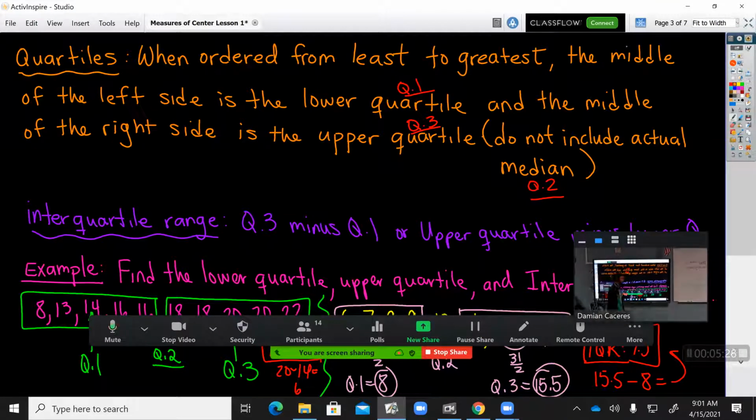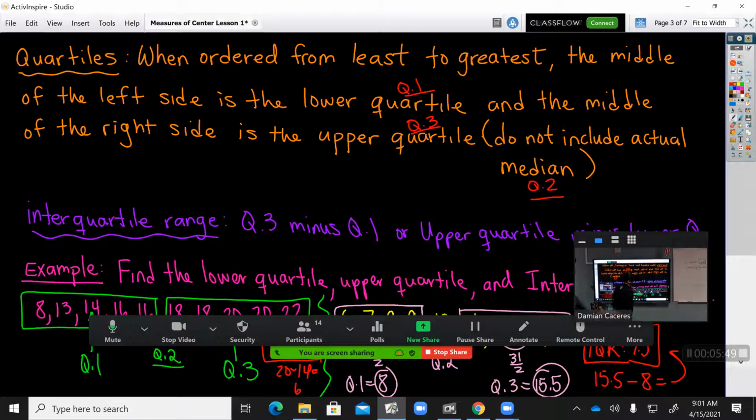So these are the words that you're probably not familiar with. Most of you are not familiar with because you haven't learned this before. So please pay attention. It is not difficult. So the next thing we're going to learn about is quartiles. Now, when ordered from least to greatest, again, to find the quartiles, it's the same as when you find the median.